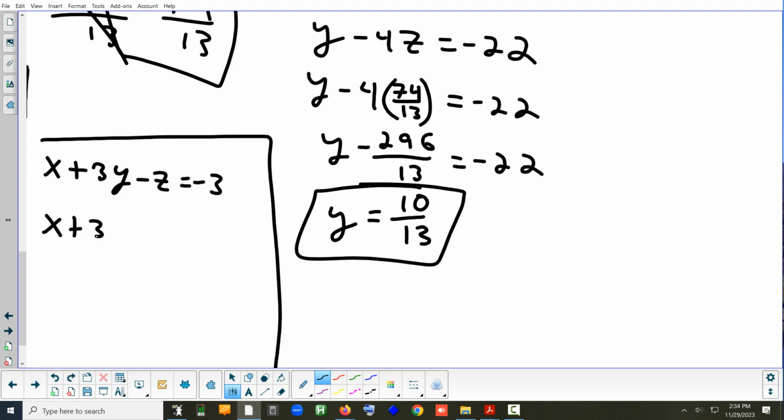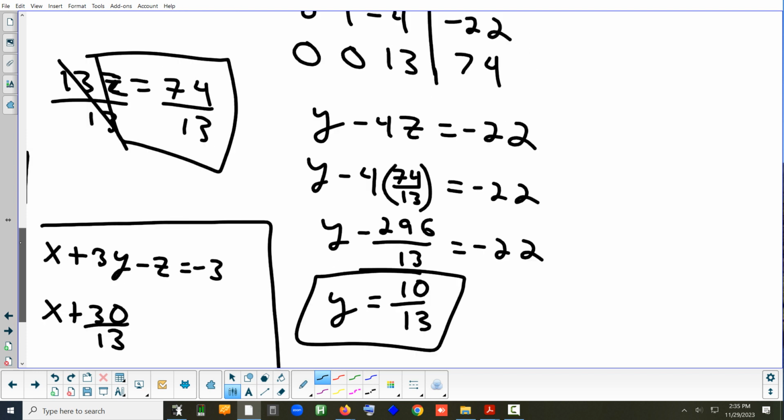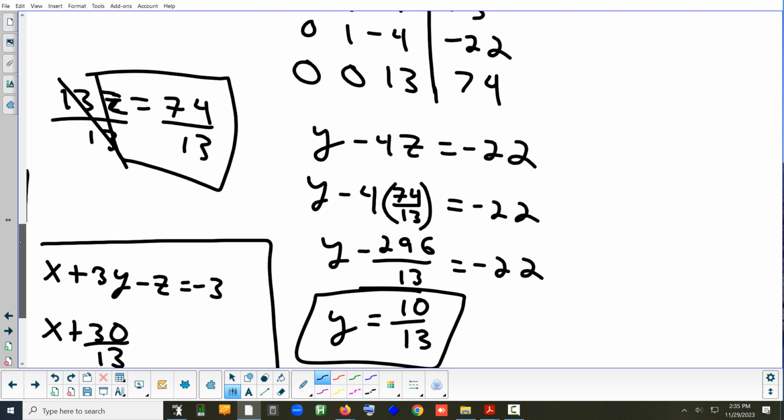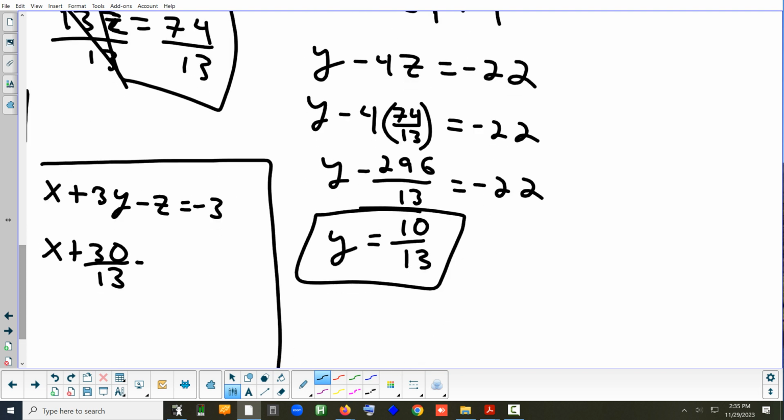What's y? y is 10/13. That I can do in my head. When you triple 10/13, it's 30/13. So I'm just going to write that. So there's y tripled. And what's z? 74 over 13.